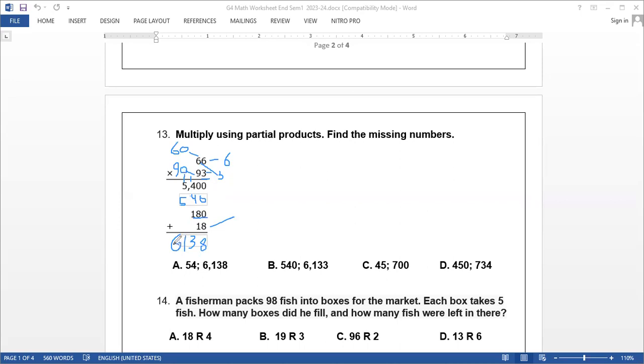We need to add them, not in this way, I'm sorry. We need to add all these numbers, because this is not the formal way.